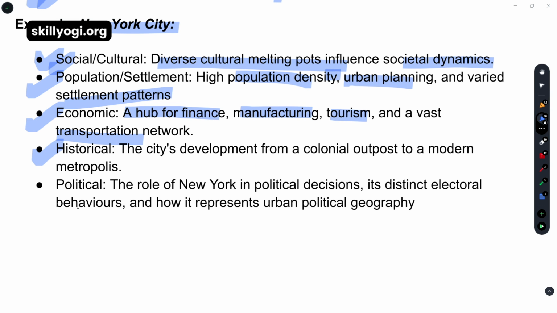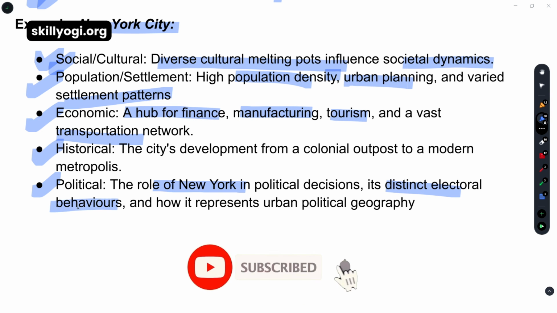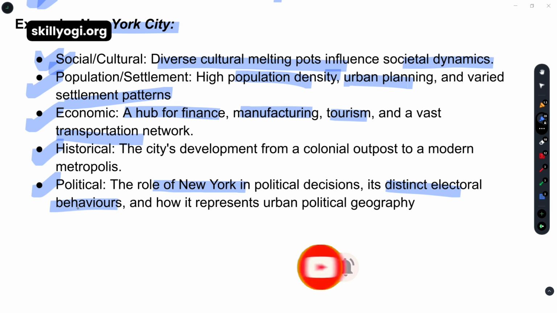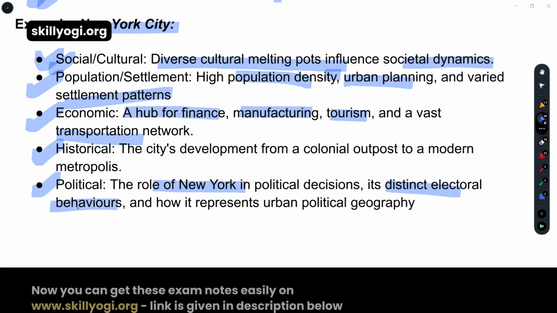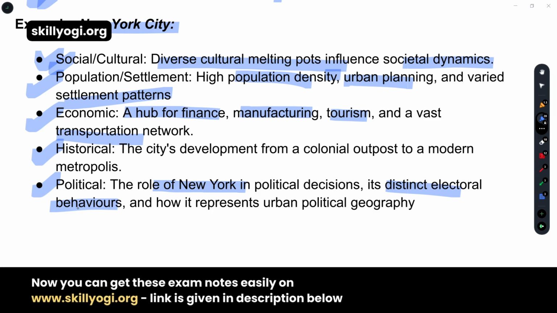Historical, I have just said, and political: the role of New York in political decisions and distinct electoral behaviors. India is a democratic country, and in New York a different government is followed. So different places have different kinds of electoral behaviors, and how it represents urban political geography, everything is a part of human geography that we can observe in New York City.